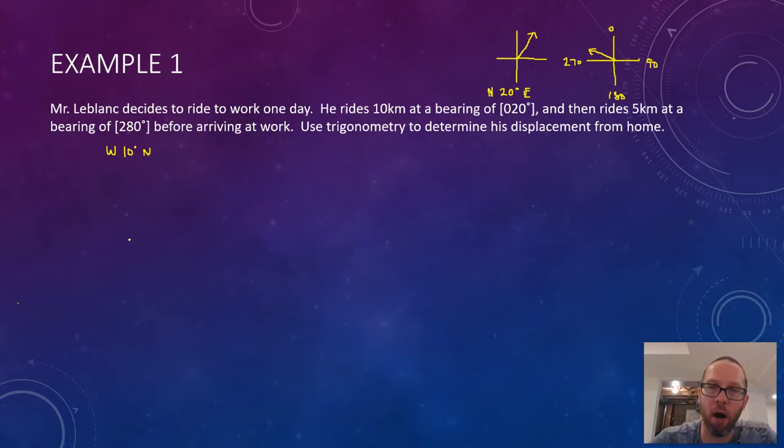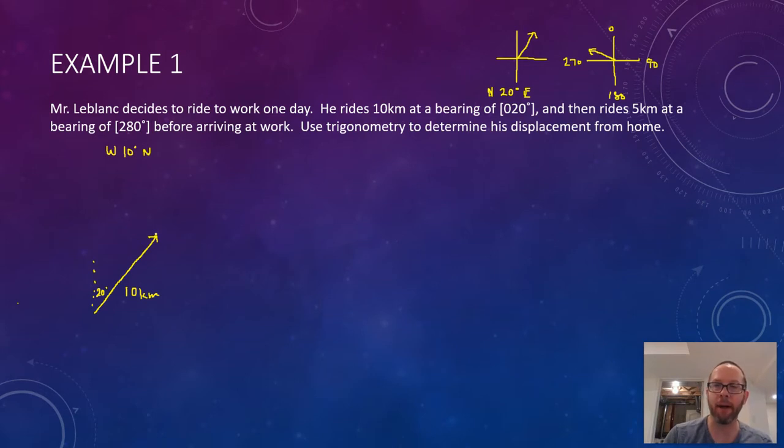So I'm going to draw not a scale diagram here, but a diagram I'm going to use to solve my problem. So there is the first leg of the journey. He rides 10 kilometers. You can see I've drawn an arrow indicating the direction there, at a direction of 020.